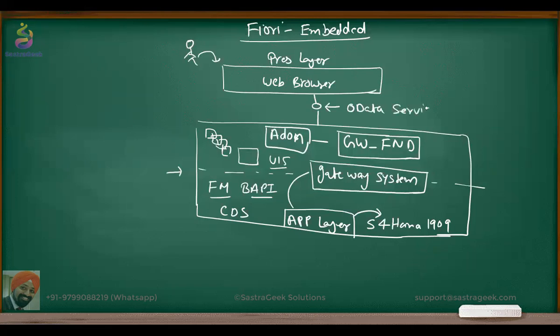So REST concepts remain the same. The same way the OData service would be there, the same way the registration would be there, and the same way the service would link with your function modules and BAPI. And the same way we would have a HANA database system, which would be connected with this application layer. So this is the embedded one, where within the same server both are available: your gateway system and your S4 HANA 1909.